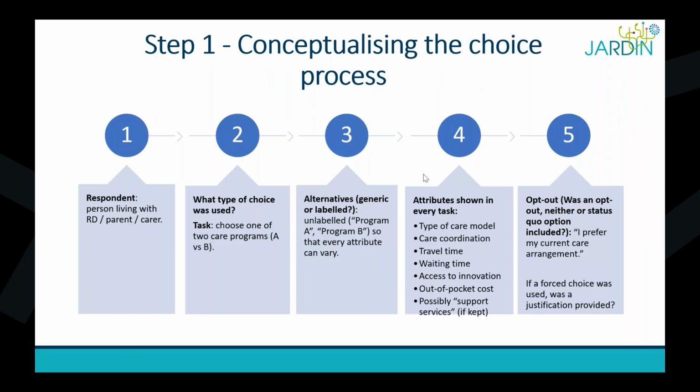If people don't like both of the rare disease program options, program A and B, are we giving them an opt-out option? If they don't like them, can they choose neither of the two programs? Or if we have to force them, is there any justification for that? If a forced choice was used, then is there any justification for that? So we need to address all these things in conceptualizing the choice process. Next slide, please.